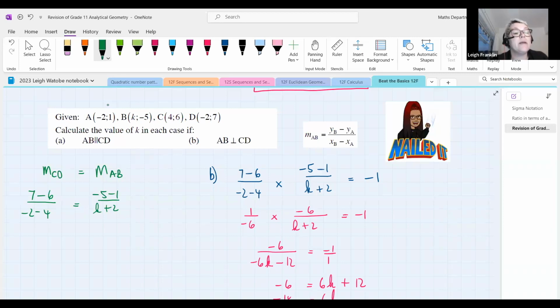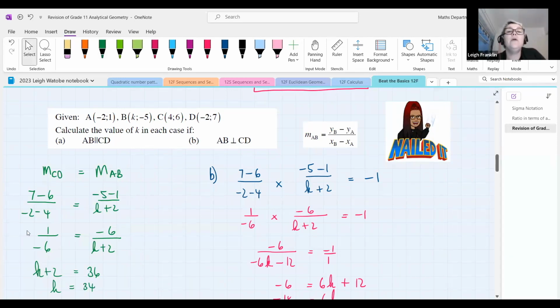So 7 minus 1 is 6. This would be equal to negative 1 over 6. That's going to be equal to negative 6 at the top, and this is going to be equal to K plus 2. Now again, we're going to cross multiply. So I'm multiplying 1 with K plus 2, so that gives me K plus 2. And negative 6 times negative 6 is going to leave me with positive 36. So if I take the 2 over to the other side, I'm going to end up with 34. Okay.